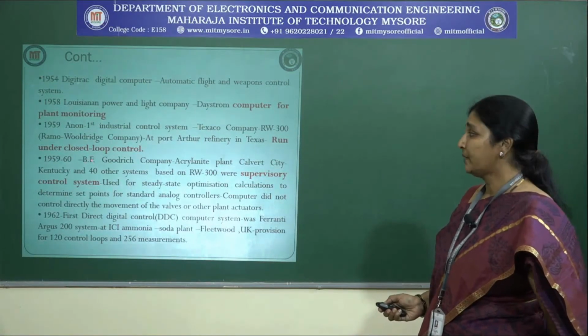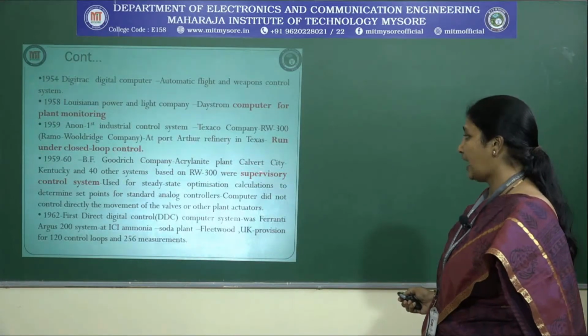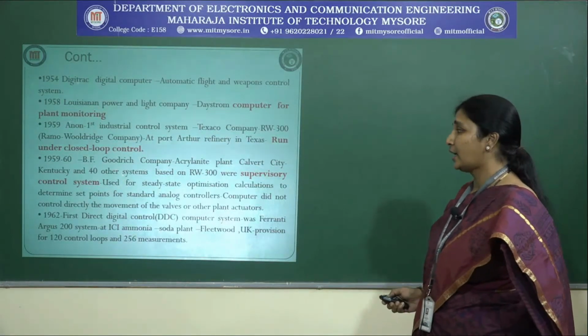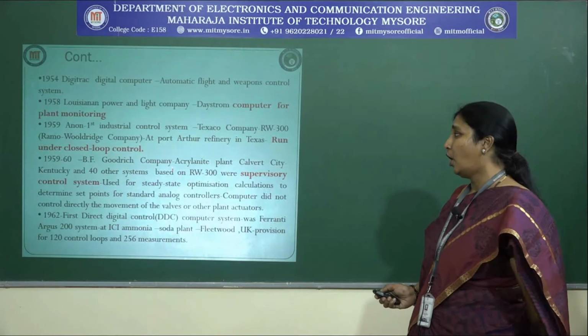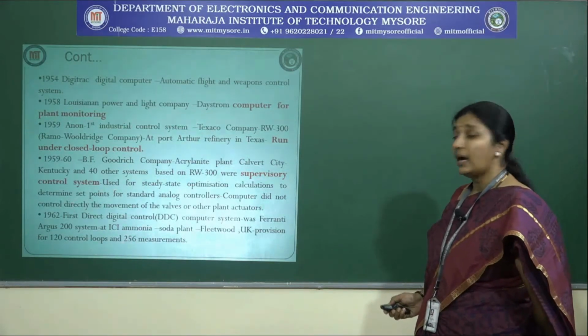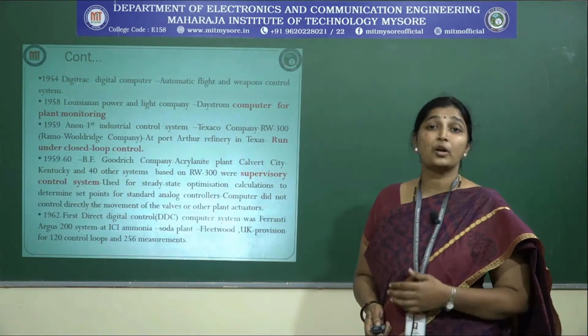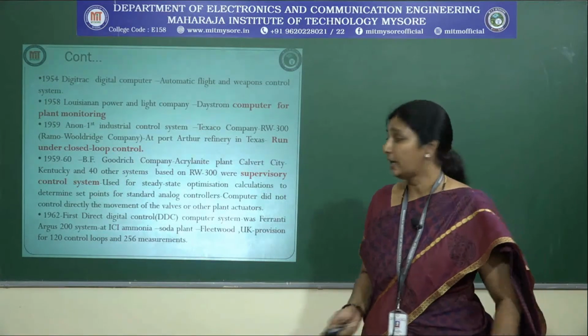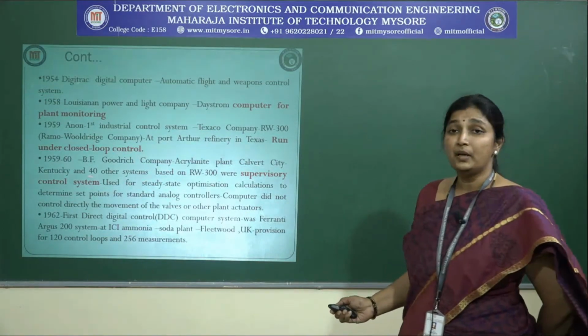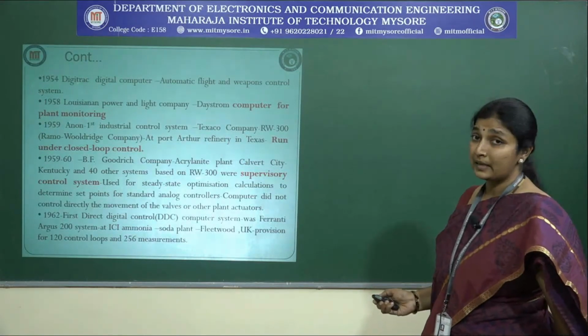In 1959 to 60, at the BF Woodridge Company acrylamide plant, Cleveland City, Kentucky, and 40 other systems based on the RW300 were supervisory control systems, used only for supervision of the plant. It was not a complete control system, just a simple plant set up in Kentucky.